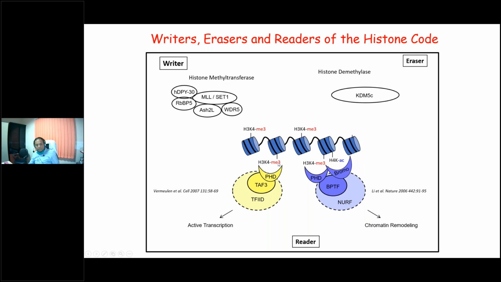So the mechanism of activation is through direct interaction of the RNA polymerase machinery to the H3K4 trimethyl mark. Another mechanism could be its interaction with PHD and bromodomain containing chromatin remodeling complexes.